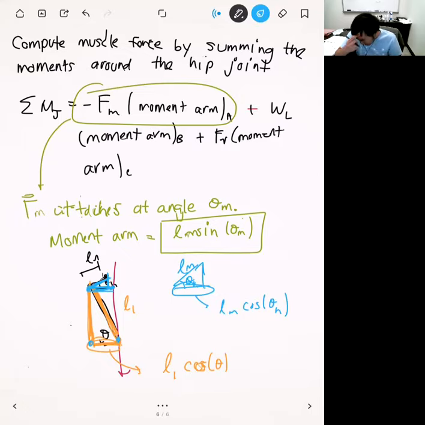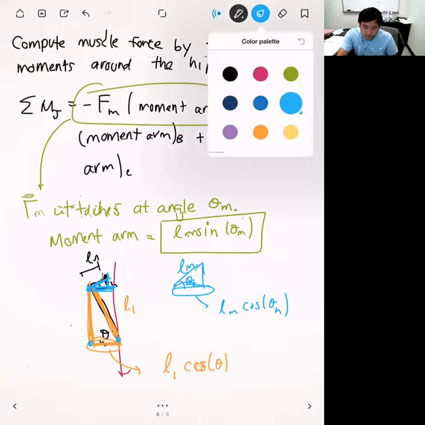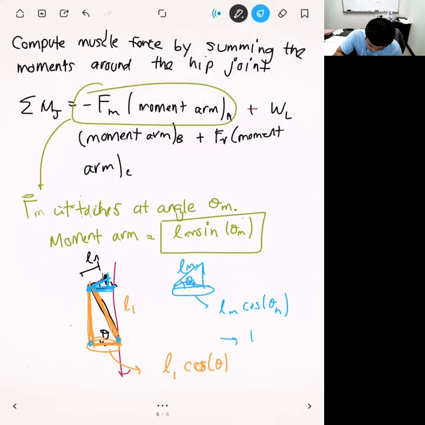If we want the horizontal distance between the force and the joint, we can simply take the difference between these two. That's what we'll do on the next page, and then we'll do the exact same thing for Fn as well.